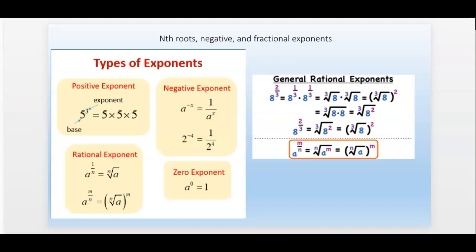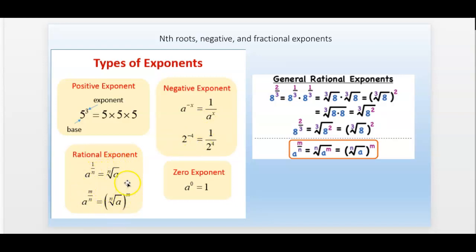Just a quick review. Guys, we looked at types of exponents, positive exponents, like 5 cubed is 5 times 5 times 5, that's 5 raised to the power of 3. And today we've looked at negative exponents. Again, a raised to the negative x just means 1 over a to the x, or 2 raised to the negative 4 means 1 over 2 to the 4th.